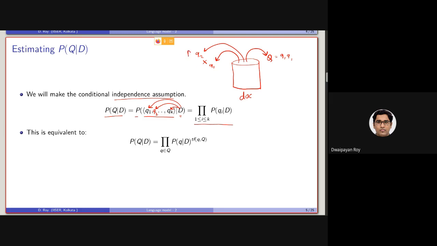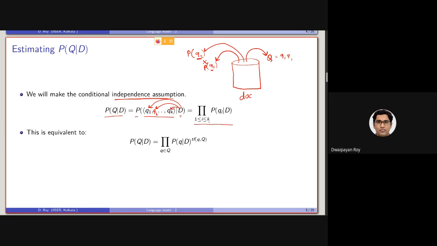So the probability of generation of Q2 and the probability of generation of Q1. We are doing that based on this conditional independence assumption. That is, the generation probability of Q2 is being computed irrespective of having already selected the query term Q1 from the same urn.